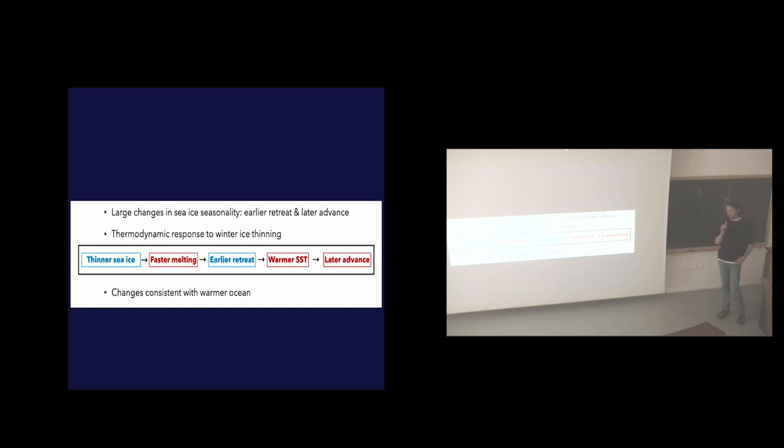So the recent change in Antarctic sea ice seasonality points to change in retreat date and advance date. And it seems to be really a thermodynamic response to winter ice thinning. Addressing the reason why ice is thin is beyond what was done and needs to be further explored.